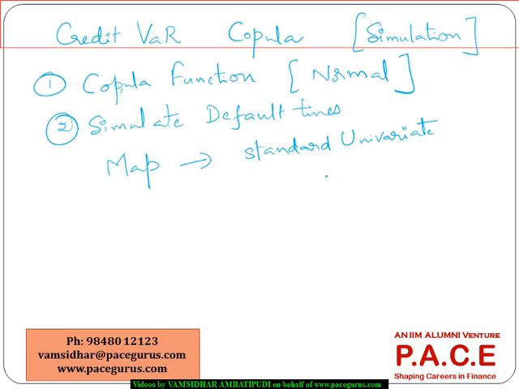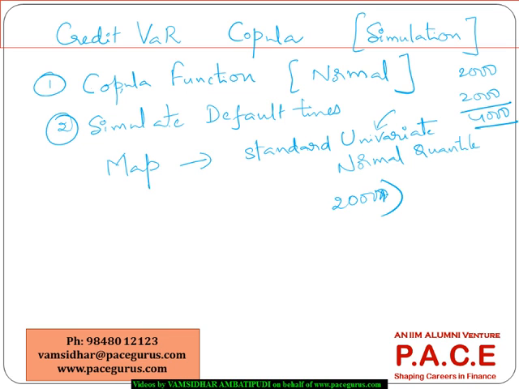Whatever the joint function that has come, I am trying to map it to a standard univariate normal quantile, which means even if this is 2000 values and overall there are 4000 values, I am actually getting only 2000 pairs of probability values.